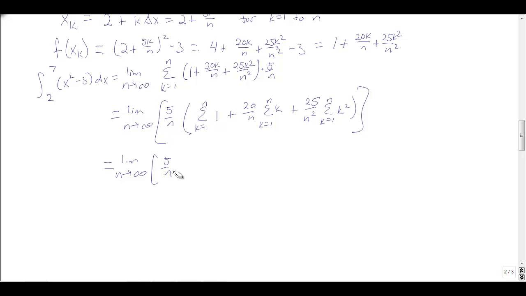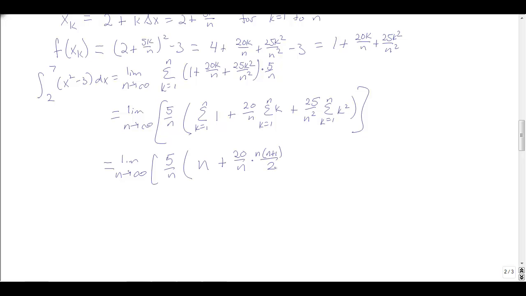So this is 5 over n. Let's write that a little more nicely. Okay, the summation 1 to n of 1 is 1 plus 1 plus 1 plus 1, n times. That's just n. The summation formula for k equals 1 to n of k is n times n plus 1 over 2.